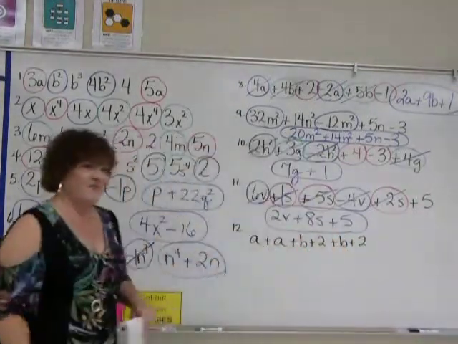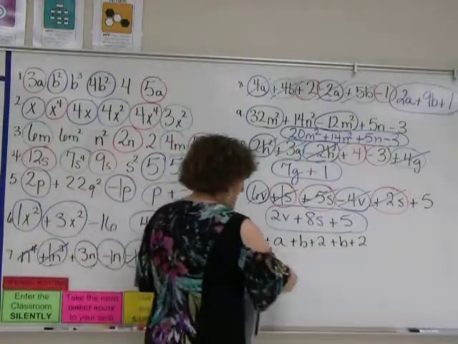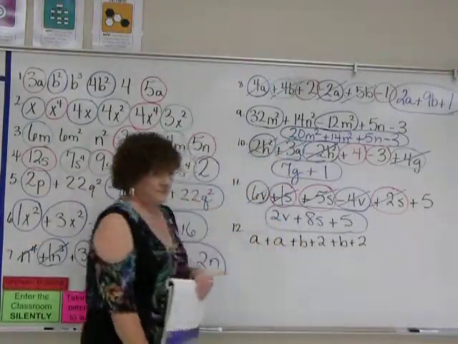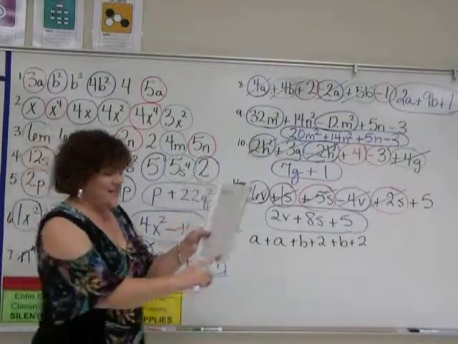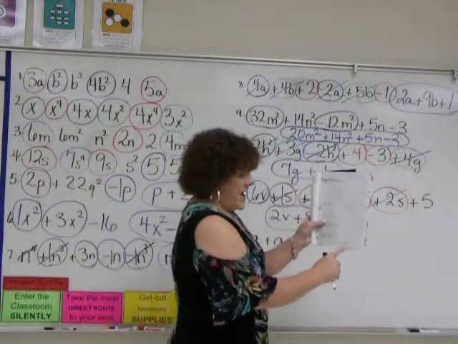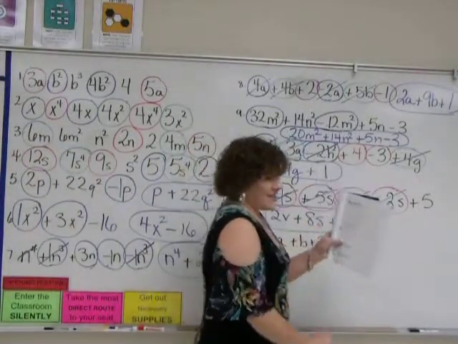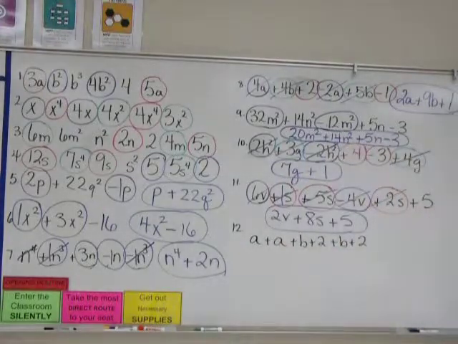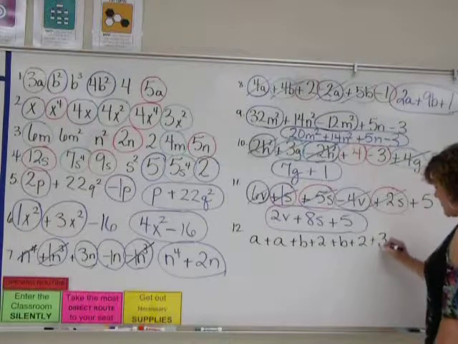That's the perimeter of the rectangle. The 2 short sides, the 2 long sides. Now I have to add to it the square, and in the square, all sides are the same, and all sides here are 3a. So I have 4 sides that are 3a.